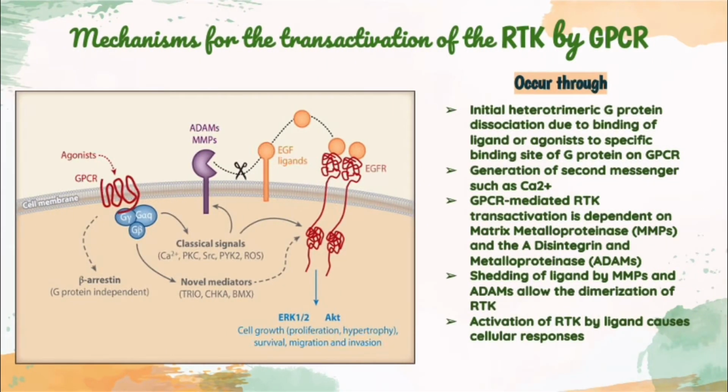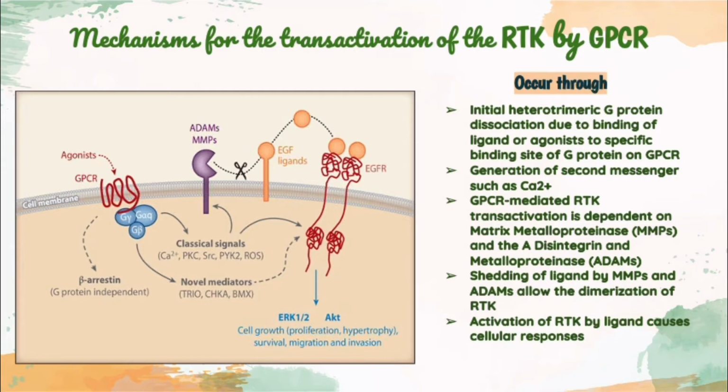The incorporation of GPCR and receptor enzyme can be depicted through transactivation of the RTK by GPCR. This process generally can occur through binding of ligand or agonist to specific binding sites of G protein on GPCR, which will dissociate the heterotrimeric G protein. This will then generate second messengers such as calcium ion.